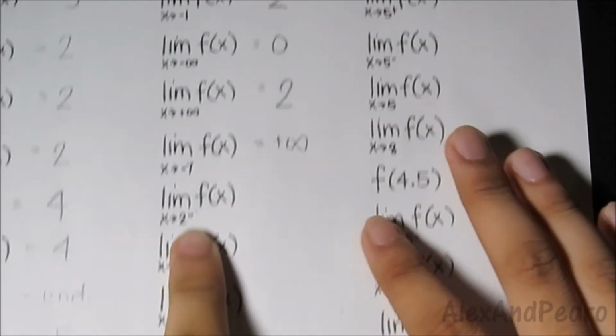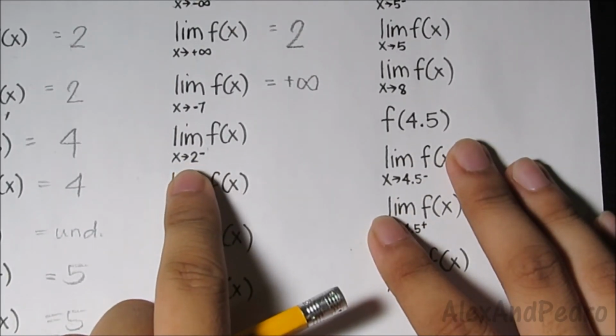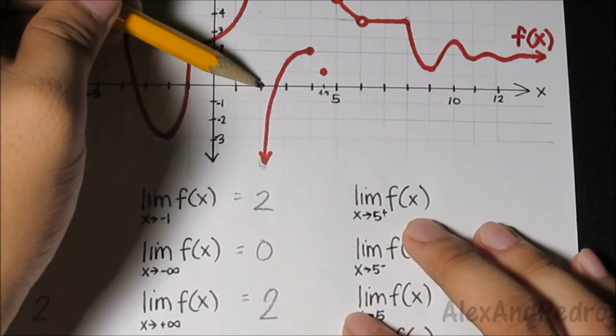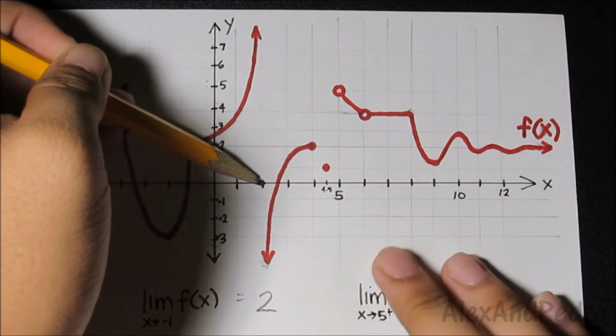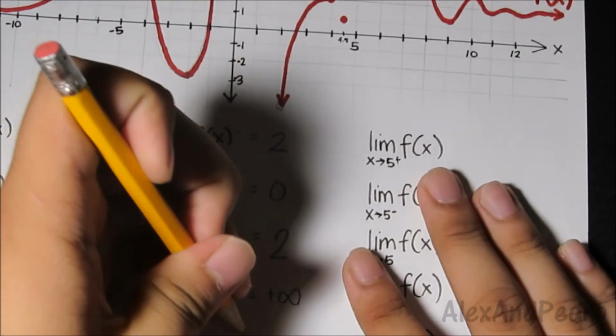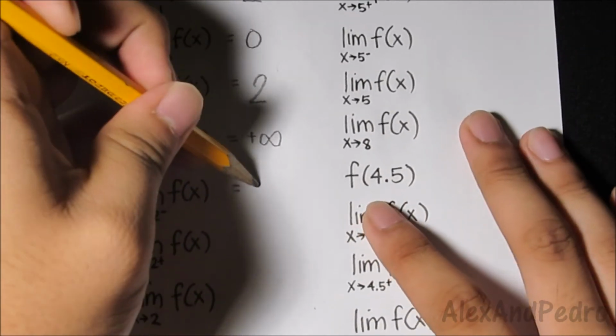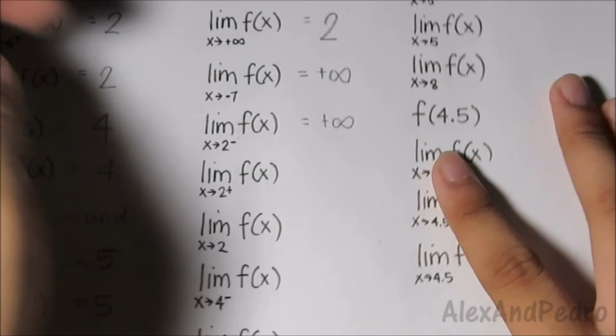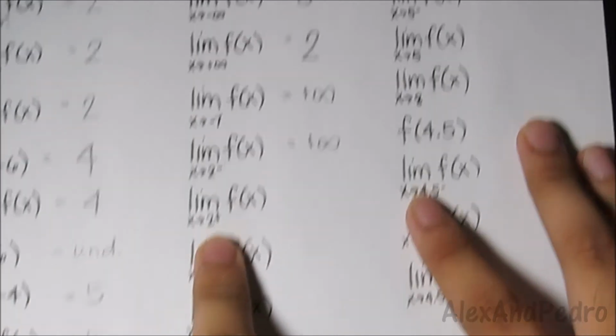How about this one? The limit of f of x as x approaches 2 from the left. Okay, so this is 2. From the left, it goes to +infinity. How about this one? It's 2 from the right.